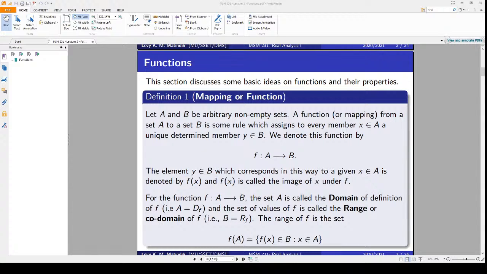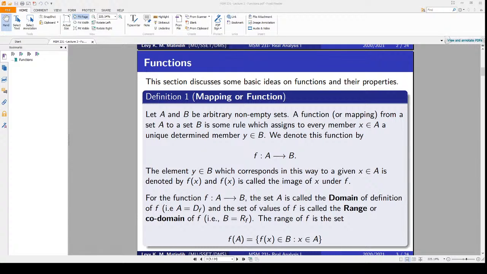Now, for the function f that maps the elements of the set A onto the elements of the set B, you pick elements in set A, then this function acts on them and gives you elements in set B. So this set A, where you are picking those elements, we call it the domain of the function.